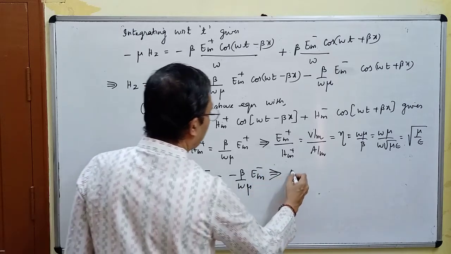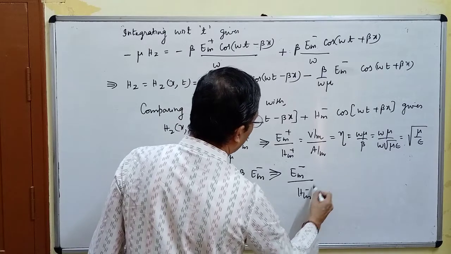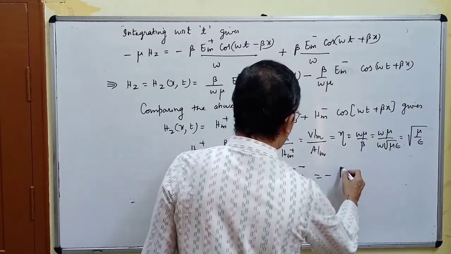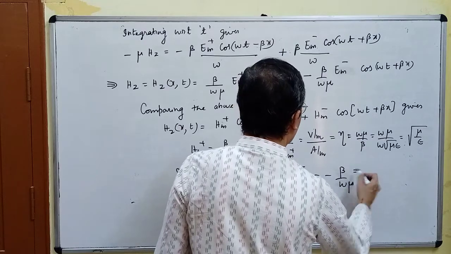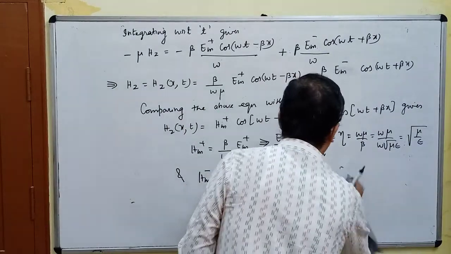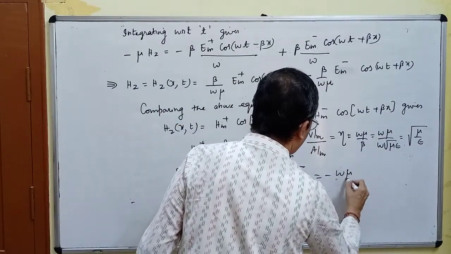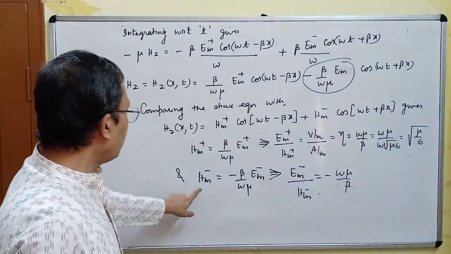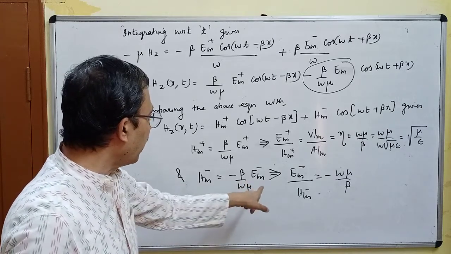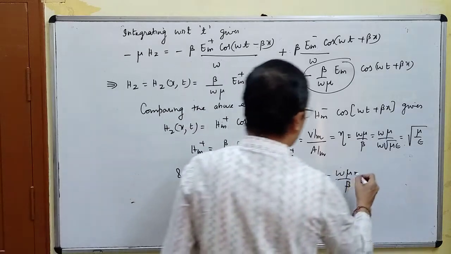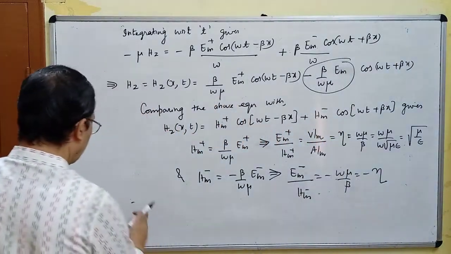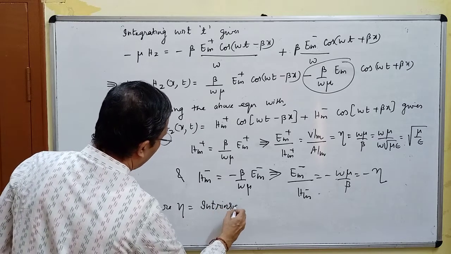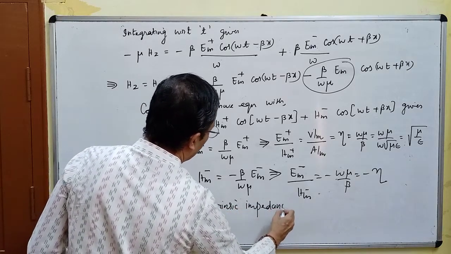This implies Em− divided by Hm− is equal to minus ωμ divided by β, which equals minus eta, where eta is the intrinsic impedance of the medium.